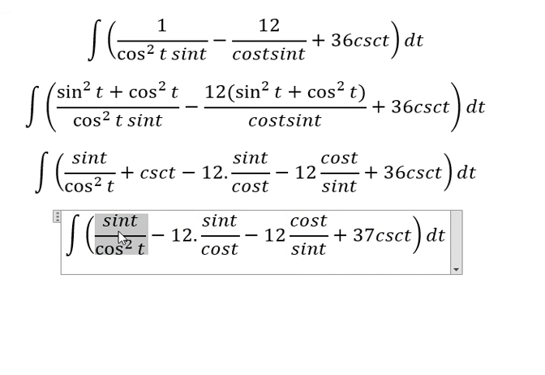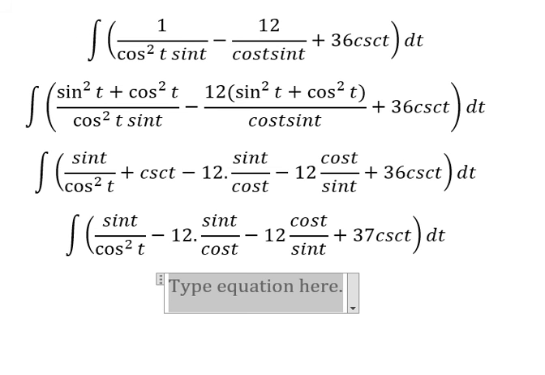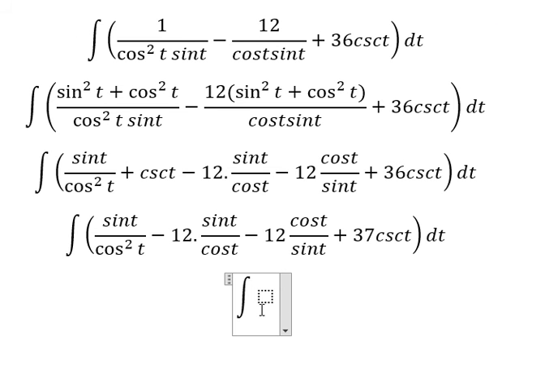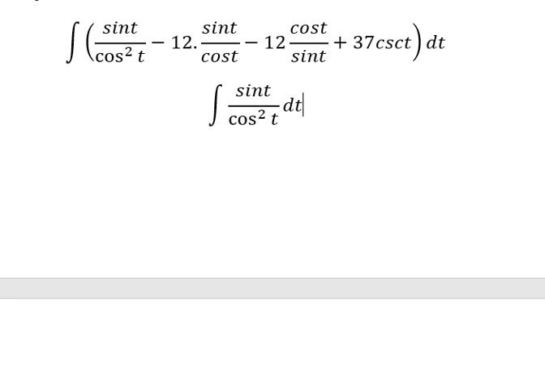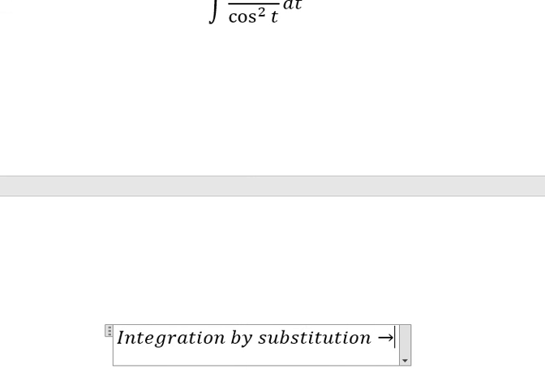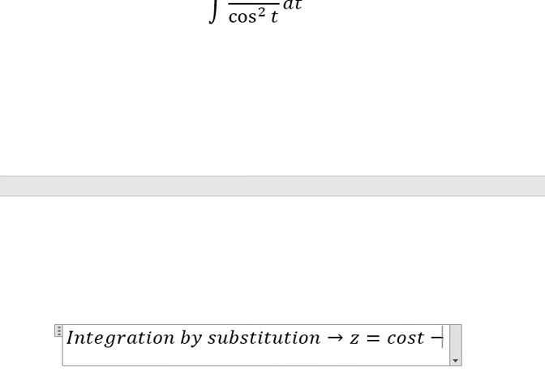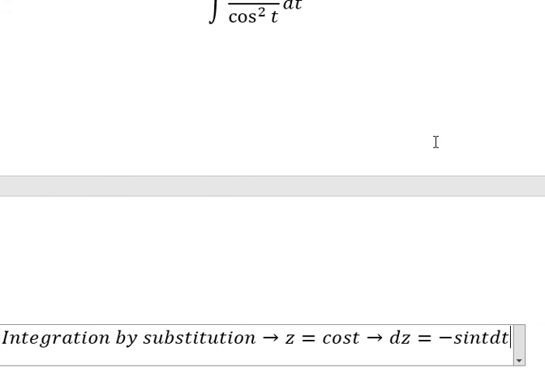Now I will concentrate on this one. So we need to use integration by substitution. I will put z equal to cosine t, dz you get negative sine t dt.